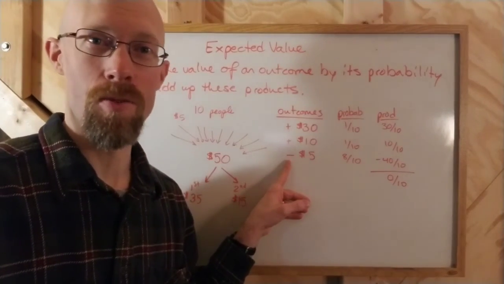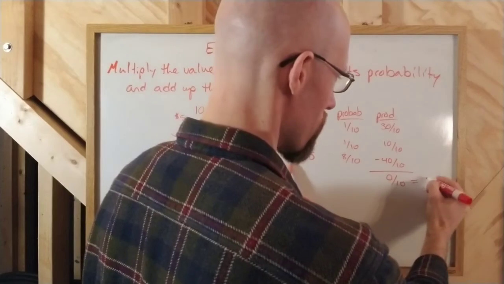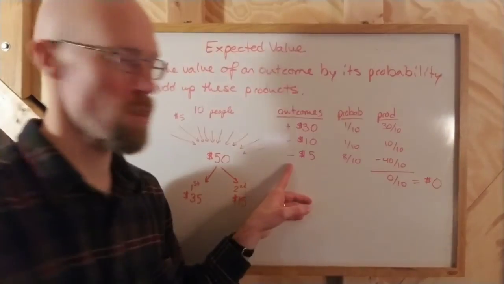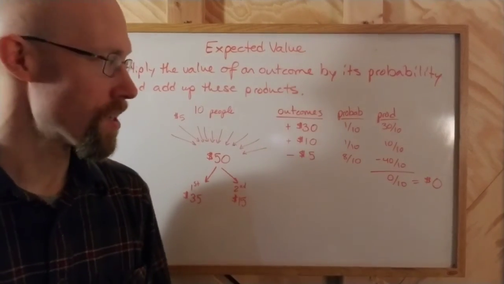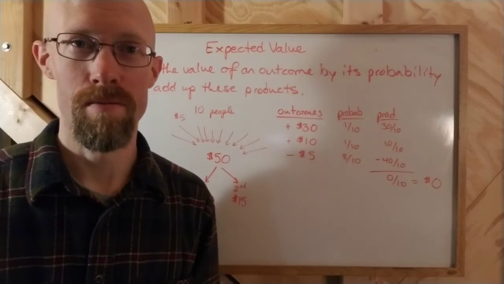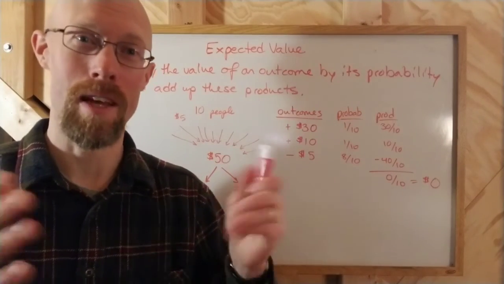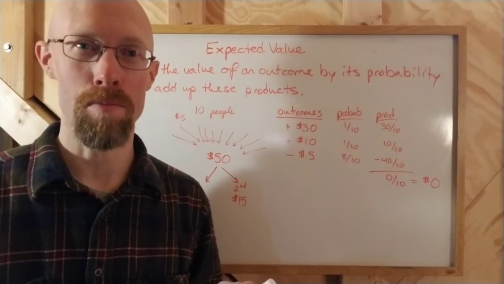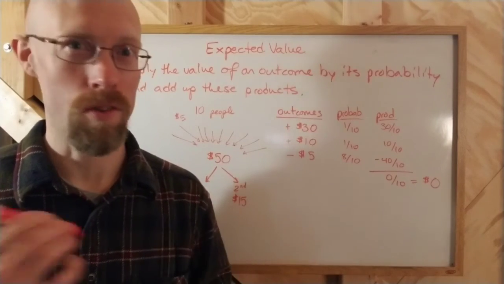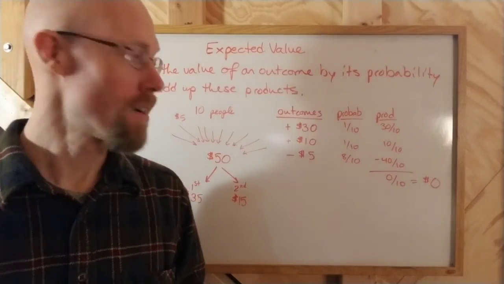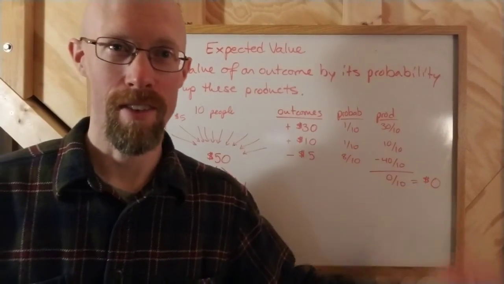Interesting. So in the long run, that's $0. So in the long run, the expected value is 0. So it's really just fun and games. The money doesn't matter. If you were to play the same game with the same 10 people over and over and over again, the expected value would be 0, right?